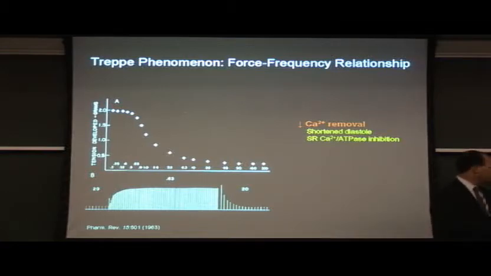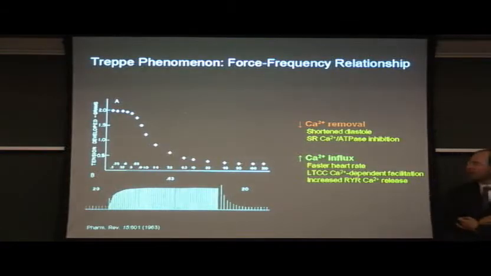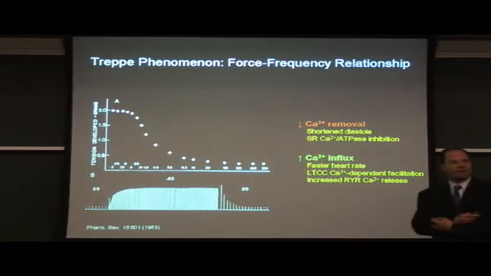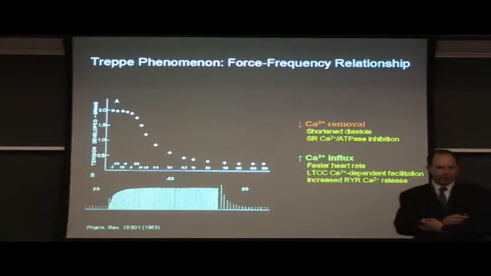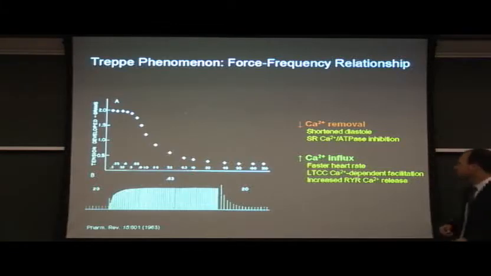But another important part of this is that there's increased calcium influx. And so at faster heart rates, what I'm going to tell you about is phosphorylation by CAM kinase 2 of the L-type calcium channel, and that leads to increased calcium influx. And there may also be increased release from ryanodine receptors, also via CAM kinase 2 phosphorylation, which I'm not going to talk to you about today.